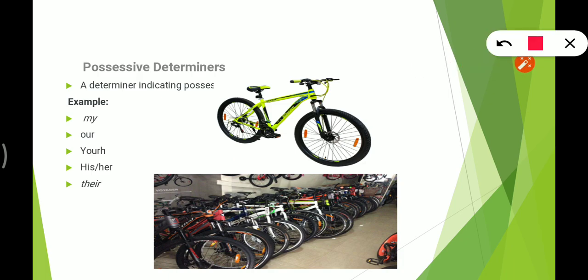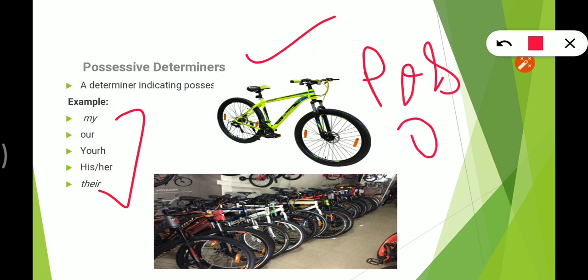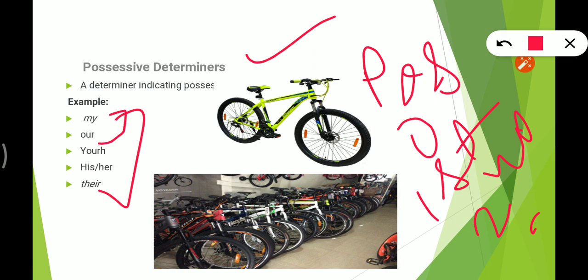Now here are possessive determiners. Yesterday we had discussed about them also. Let me tell you what possessives are. They show possession or ownership, right? Now there are three persons, first, second and third. First person, my and our.